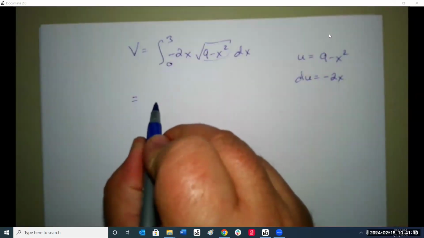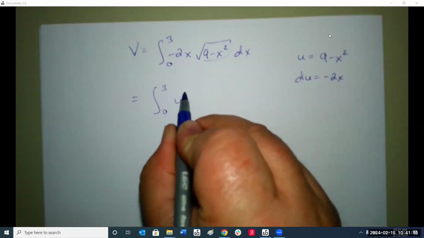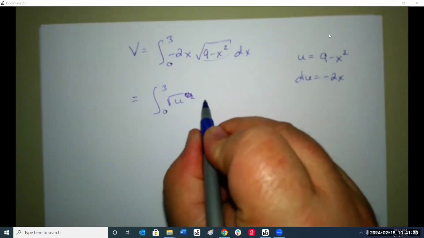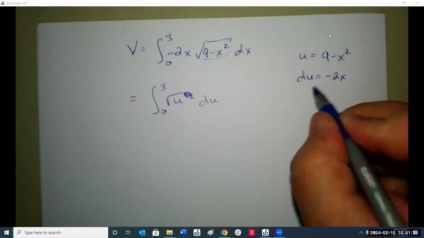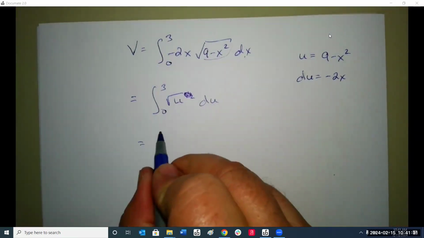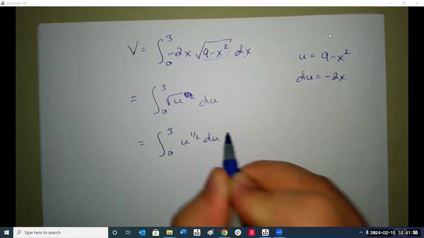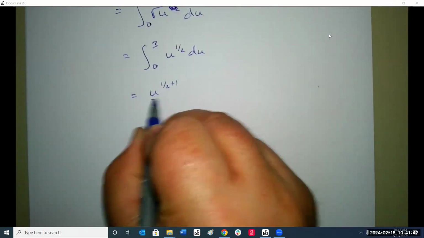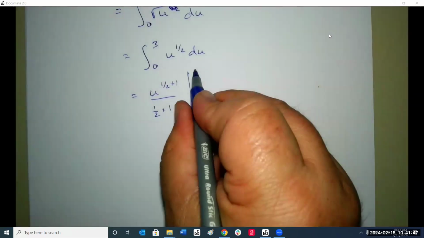So we have the integral from 0 to 3 of u to the power 1/2, square root of u du, which is du dx. That's okay. Which makes it u to the power 1/2 du. u to the 1/2 plus 1, from 0 to 3.